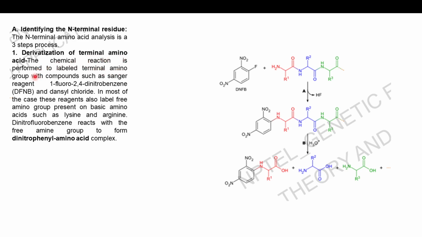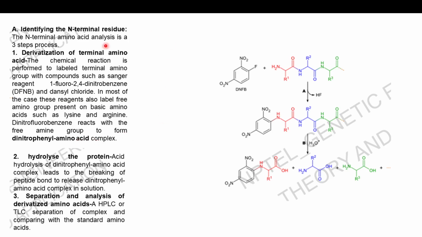This chemical reaction labels the terminal amino acid with compounds like Sanger reagent or DFNB, thereby forming the dinitrophenyl amino acid complex. Step 1.